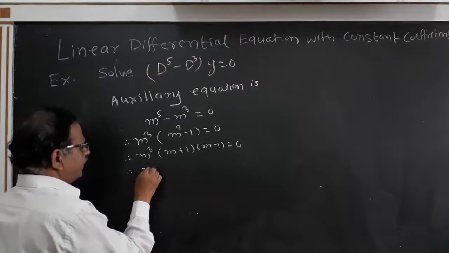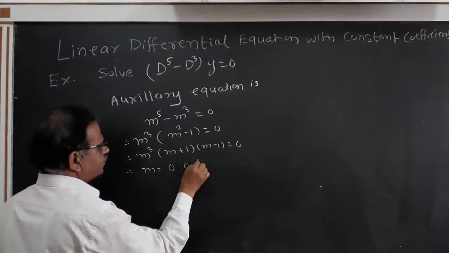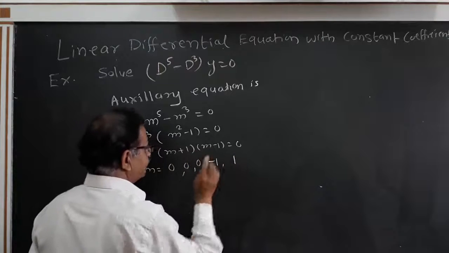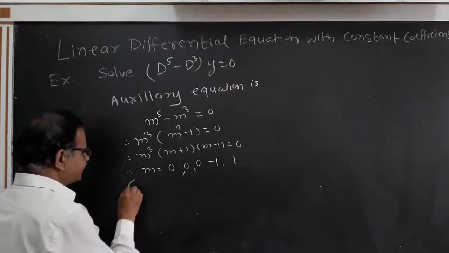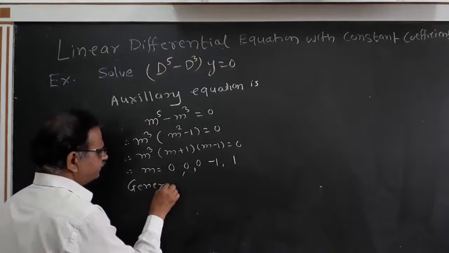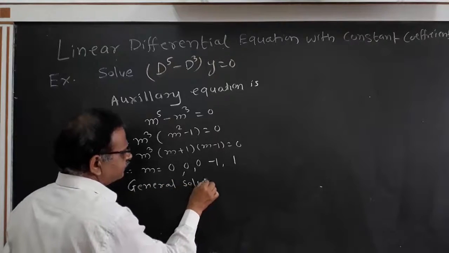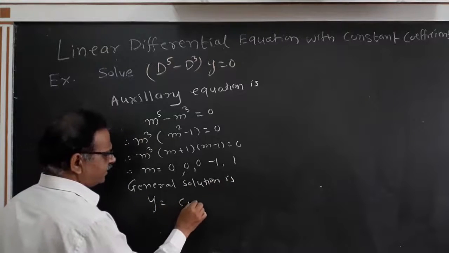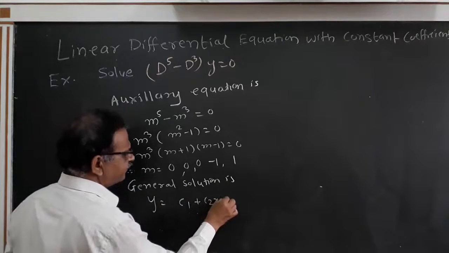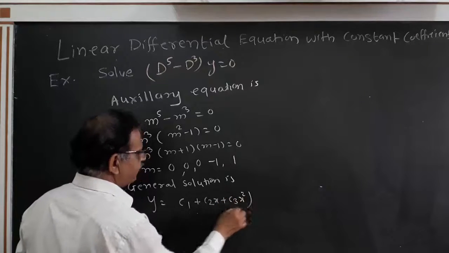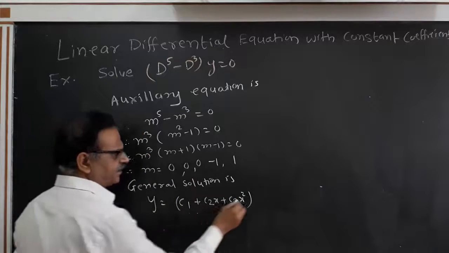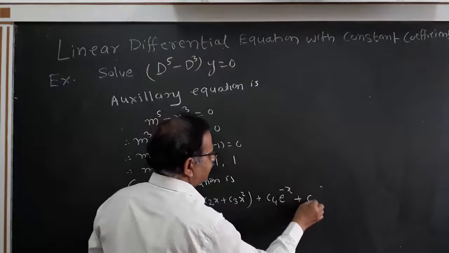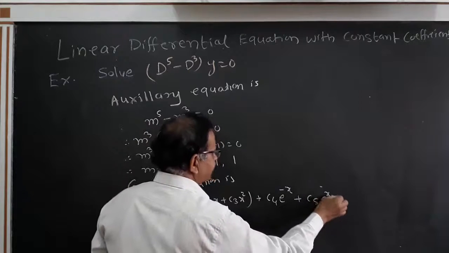Therefore, m equal to 0 repeated 3 times, minus 1 and plus 1. And hence, general solution is y equal to C1 plus C2x plus C3x square into e raised to 0x, which is 1, plus C4 e raised to minus x plus C5 e raised to x.